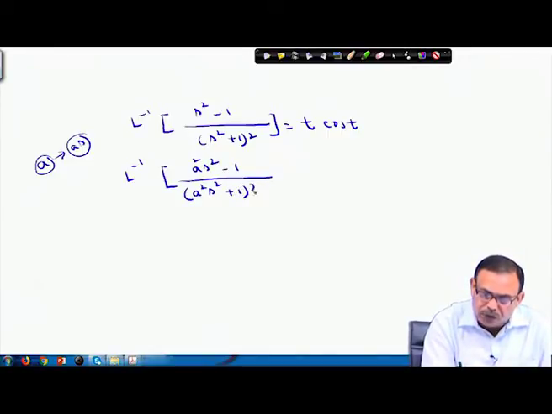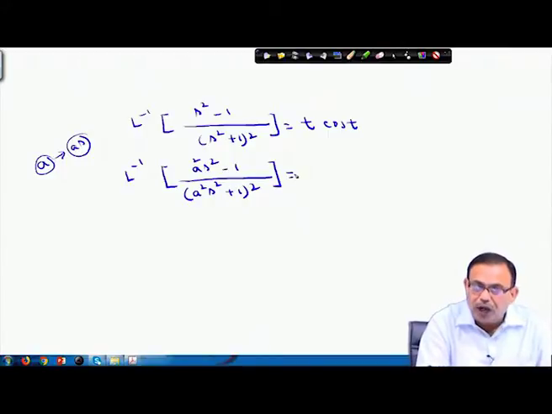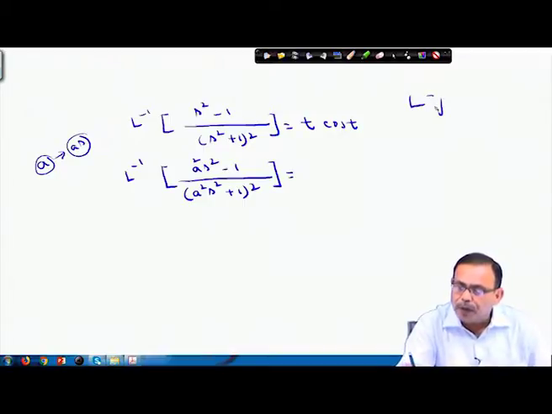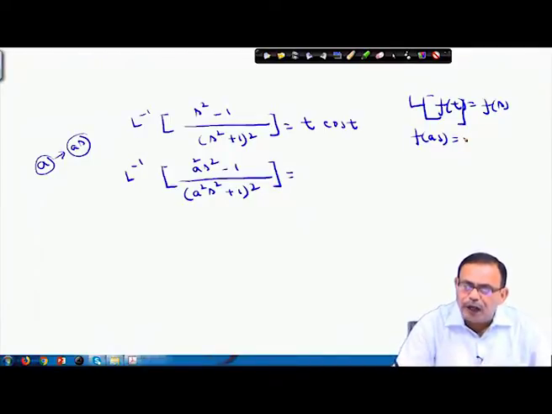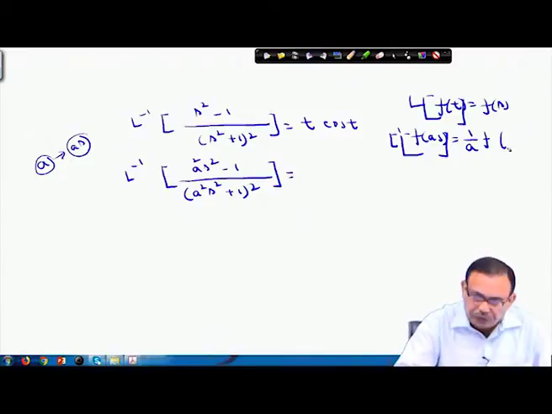Again, if you recall, if I know the Laplace transform of f(t) is F(s), then the Laplace inverse of F(a s) will be equal to 1 by a into f of t by a.